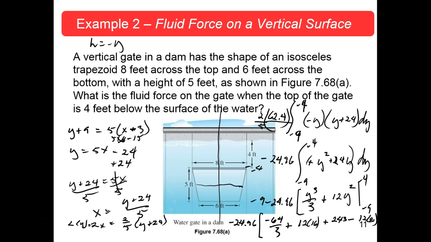So -12 times 65 plus that minus that, and then multiply that by -24.96. Whatever way you want to do the calculations. Has anyone got it yet? Good.